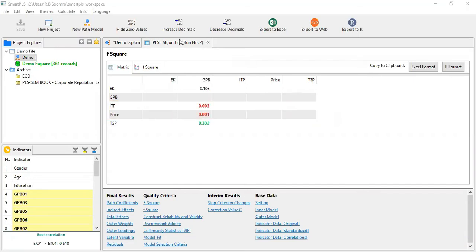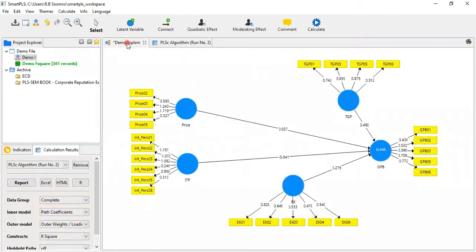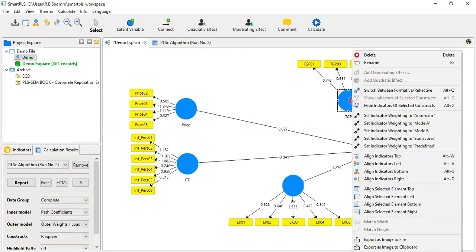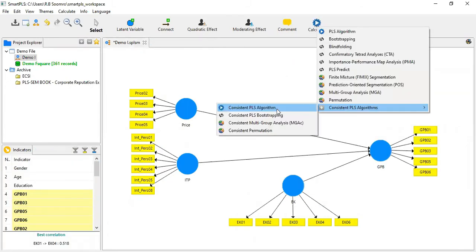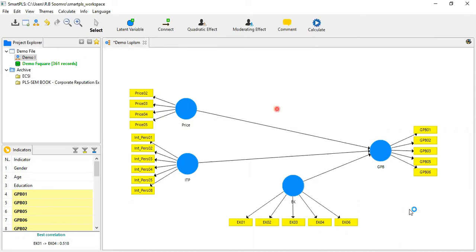But now I'm going to remove this TGP and see what the impact is on your dependent variable. Just click delete and then repeat again. Consistent PLS. Okay, everything is okay.